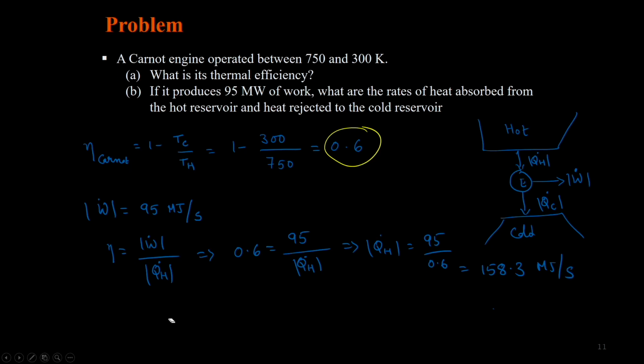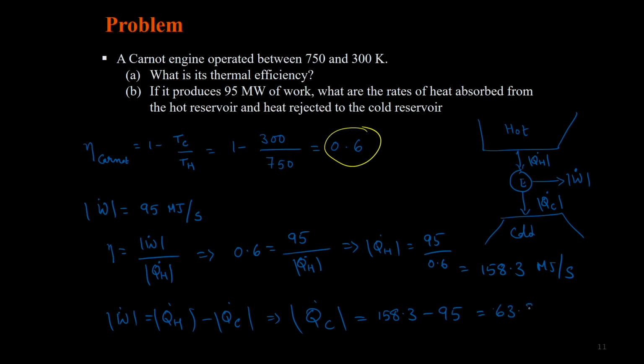Since by virtue of the first law, W dot is going to be QH dot minus QC dot, we can calculate QC to be QH minus W, or 158.3 minus 95, which happens to be 63.3 megajoules per second.